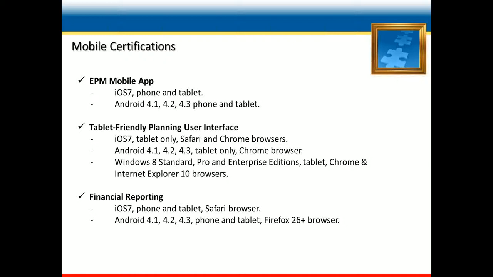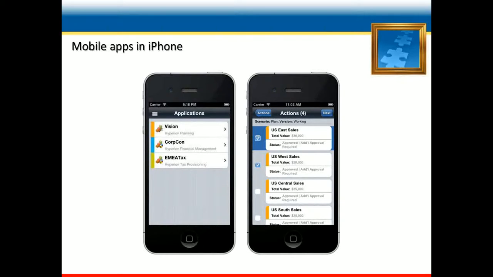For the Windows platform, it is supported on tablet with Chrome and Internet Explorer 10 browsers. About Financial Reporting, it is supported on iOS 7 on phone as well as tablet with the Safari browser, and on Android on phone as well as tablet with Firefox 26 update or higher.